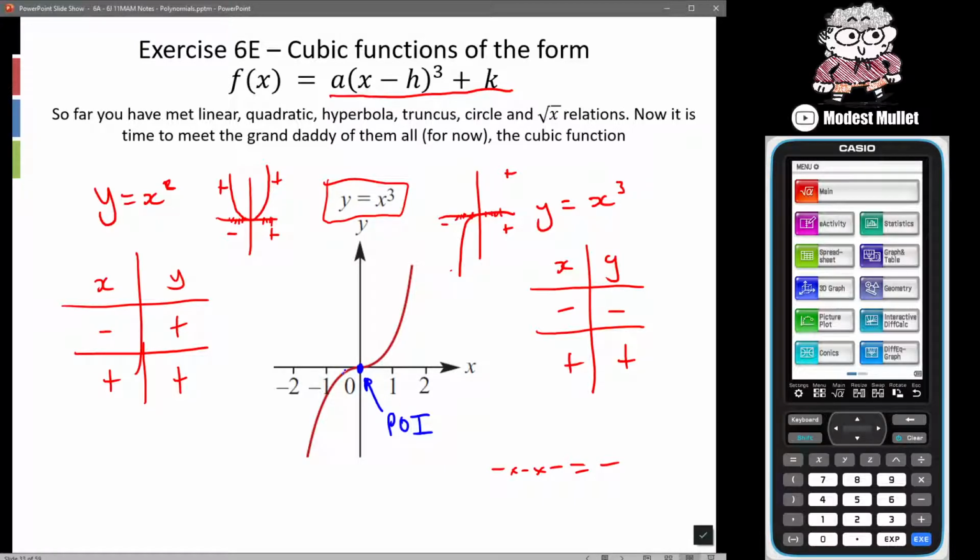The line comes, gets flatter, flatter, flatter, and technically just at that point right there, the gradient gets to 0, and then it ramps back up. So when we draw our graphs, especially if we're zoomed out on a CAS or something like that, it might look something like that, but technically just at that point, the gradient is 0 when we're in this standard form.